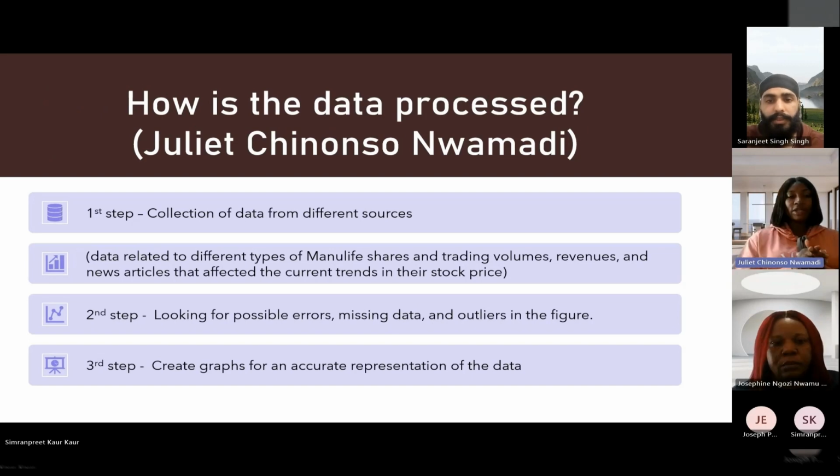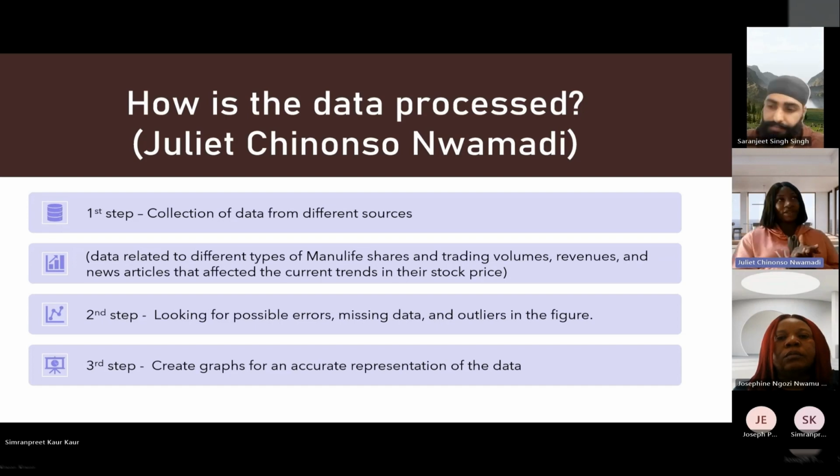In the process, we included the open, high, low, and close prices of Manulife's shares. Besides this, we also collected data related to trading volumes, revenues, and news articles that affected the current trend in the stock price. We also examined the figures for possible errors, missing data, and outliers.